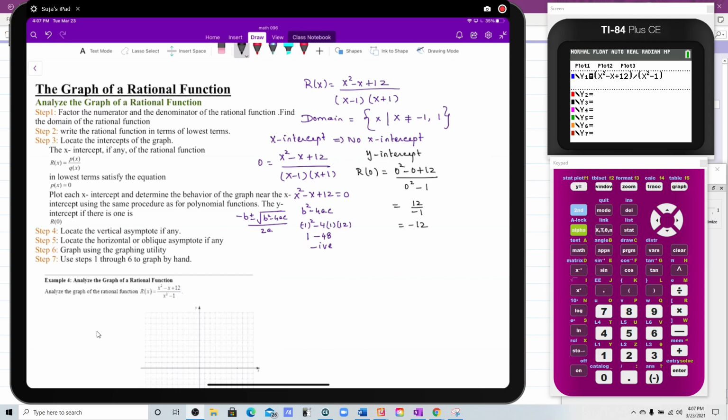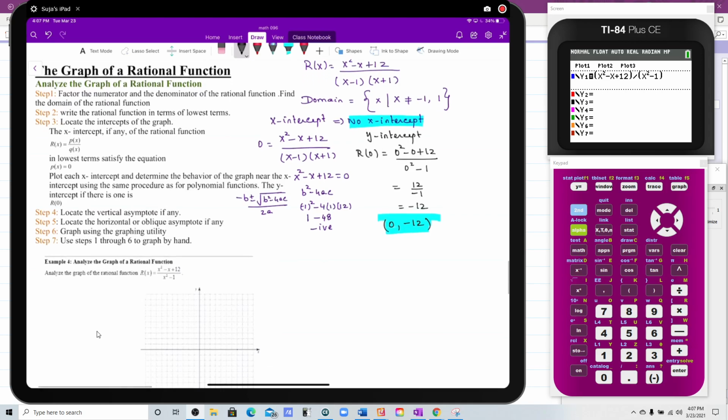So yes, I do have a y-intercept, and the y-intercept is going to be (0, -12). So I need this information to graph. I know there is no x-intercept. Since I didn't have anything cancel out, I don't have to worry about a hole in the graph.